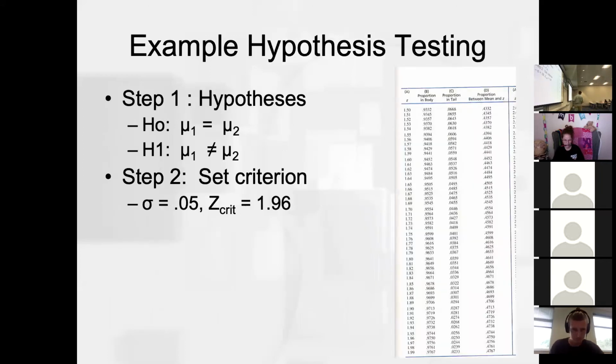Step 1, we have to define our hypotheses, right? The null hypothesis is that mean 1 equals mean 2, or the mean for the sample equals the mean for the population. And this is not an exact equivalence, but it means statistically equal, right? This is the null hypothesis, that there's no statistical probabilistic evidence that we should reject the null hypothesis.